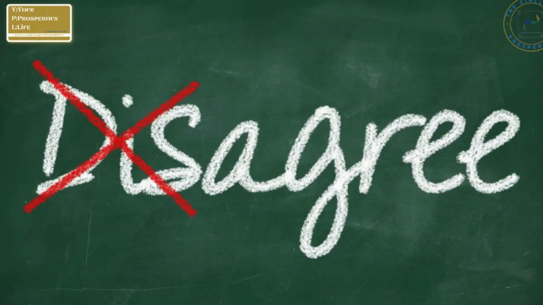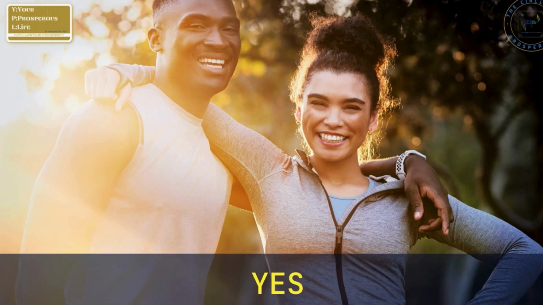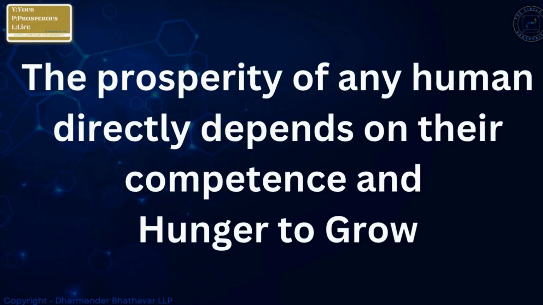So do you agree with this statement? Yes, 100% of the people would agree with this statement. Well, now let us try to understand how exactly we are able to achieve it. The prosperity of any human being directly depends on their competencies and also the rate of hunger they have to grow.